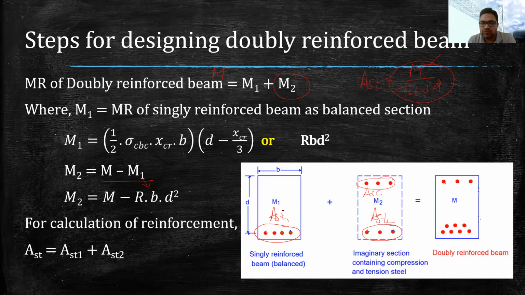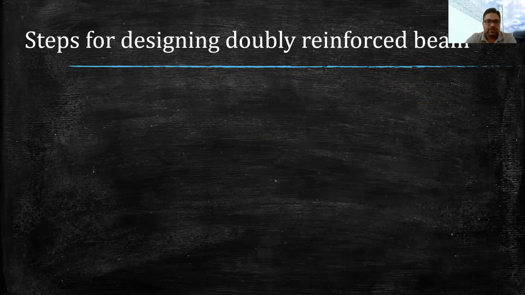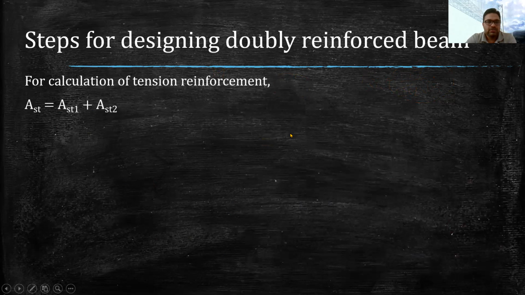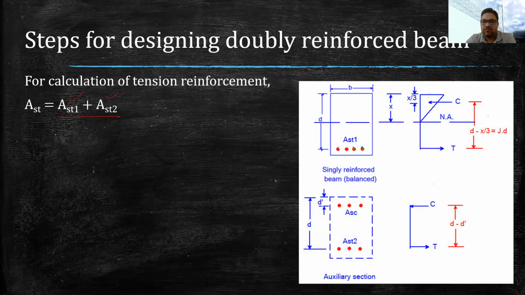So we are supposed to find AST1, AST2, and ASC, and we will see how we find them. Now, AST is the summation of AST1 and AST2, but we need to find AST1 and AST2 separately because they are the product of different entities. With the diagram, we will try to understand how we find AST, AST1, and AST2.